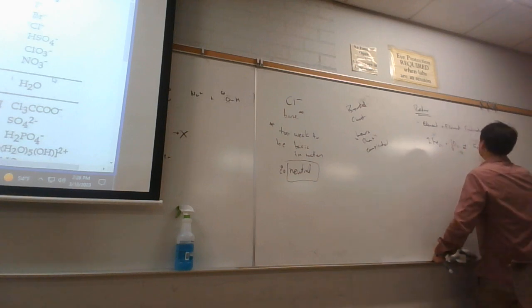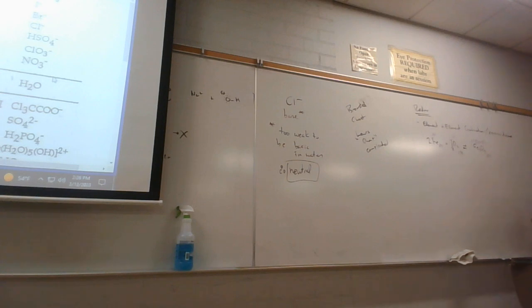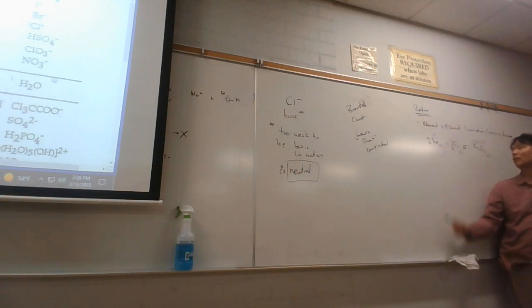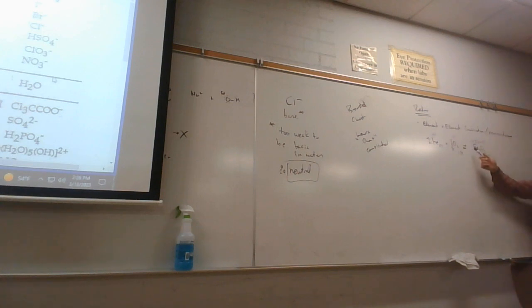Plus 3, minus 2. So iron went from 0 to plus 3. What happens? Well, it's got to lose electrons. Oxygen went from 0 to minus 2. It must gain electrons. Redox reactions are electron transfer. So electrons were transferred from the iron to the oxygen going forward. Going reverse, electrons are transferred from the oxygen back to the iron.